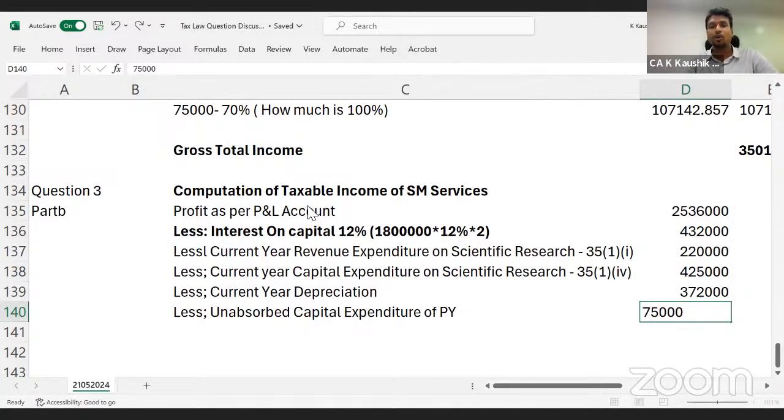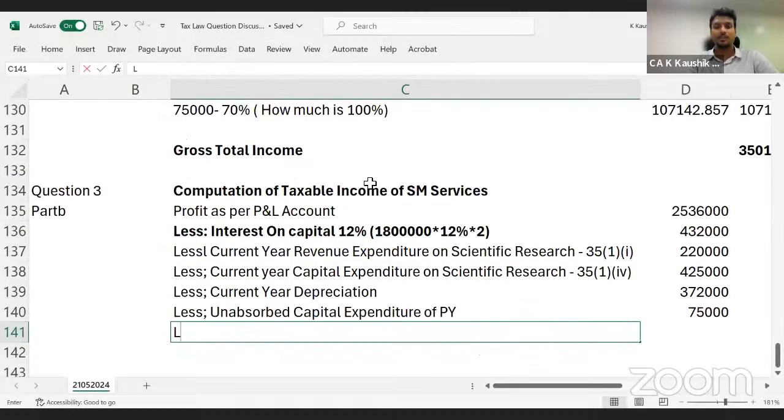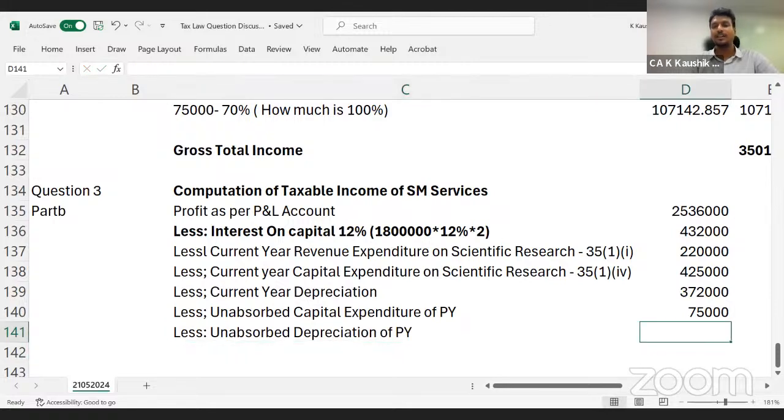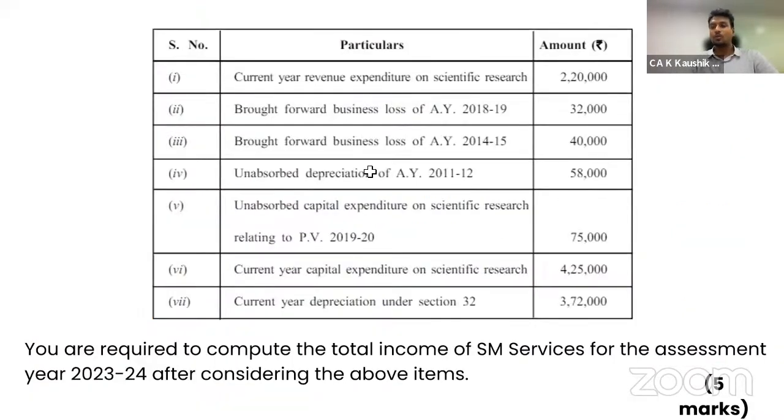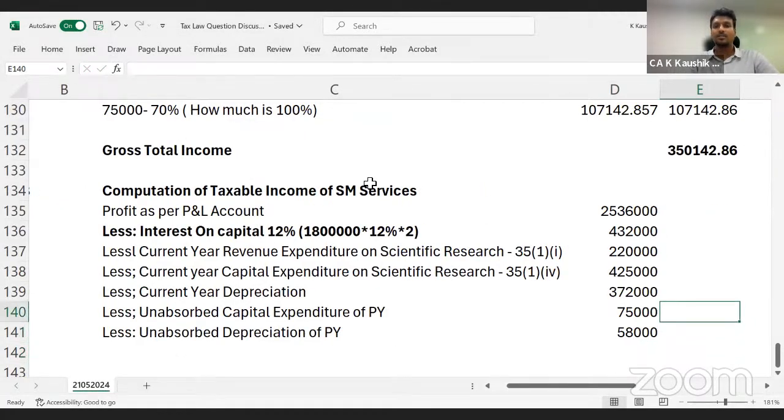And you have one more thing, unabsorbed depreciation of previous year, less unabsorbed depreciation of previous year, that is 58,000. Till here, whatever we do, so these are the amounts that you are subtracting. Okay. Let me keep this or less.